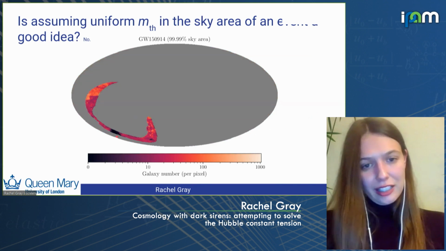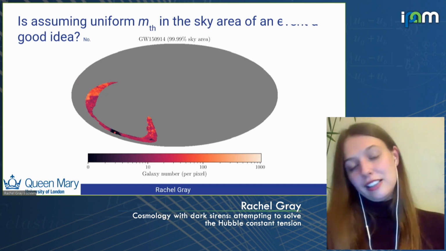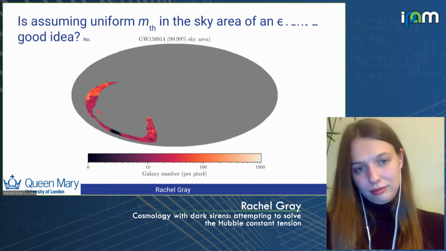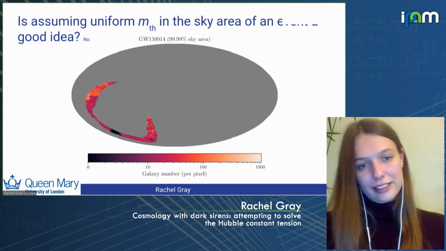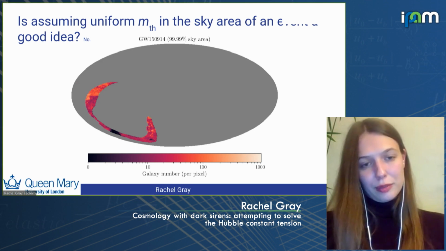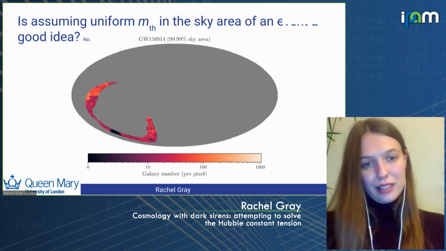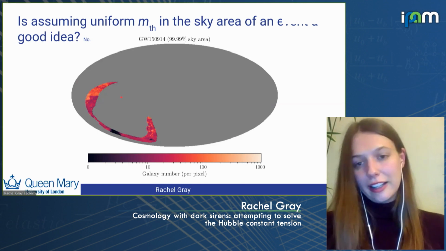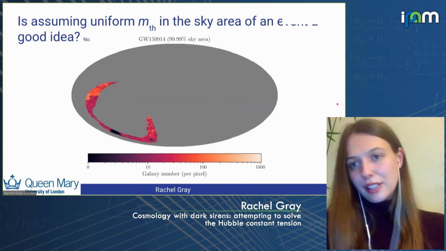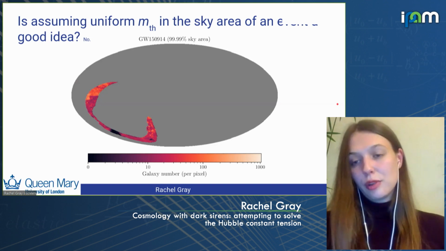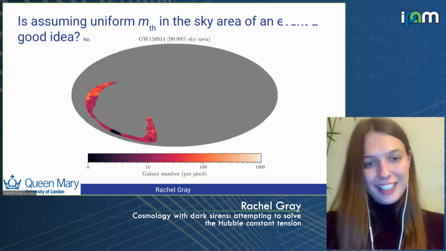And as you can see, there is a huge variation from having absolutely no galaxies within its sky area to having hundreds of galaxies, with maybe an order of magnitude difference between the main two colors that you're seeing there. So clearly this is something that we would want to address, and is what some of my most recent work has been looking at.